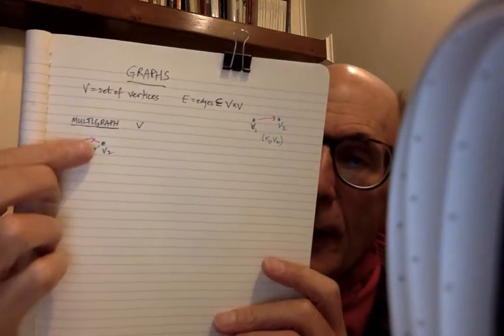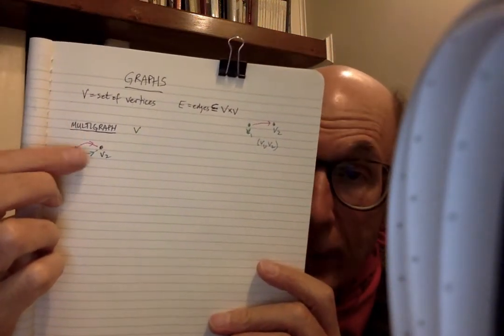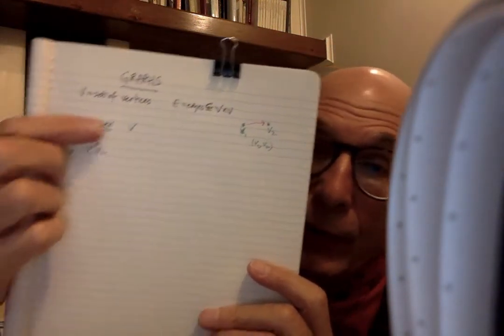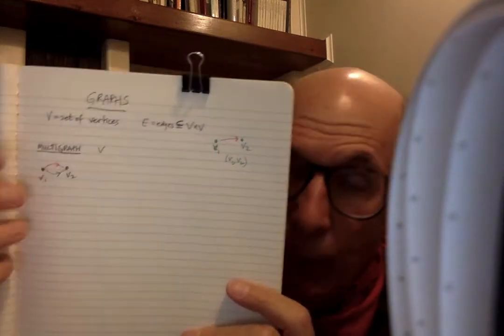I think that'll help us see what's going on. A multigraph allows the possibility that there's more than one edge connecting two vertices. So what I've done here is I've drawn a pair of vertices and a couple of edges that go from V1 to V2. There's an upper one in the picture and a lower one in the picture, but they're different.